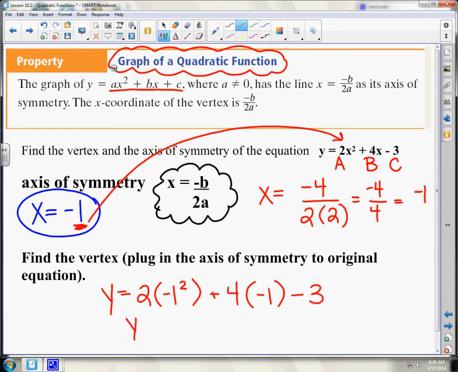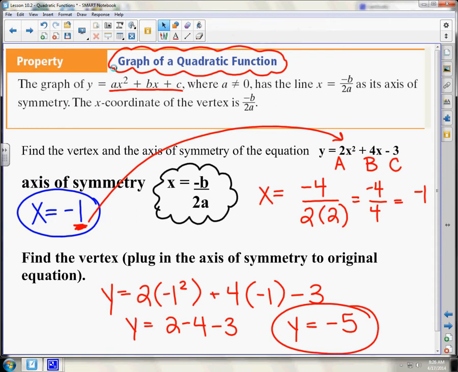So y equals negative 1 squared is 1 times 2 is 2 minus 4 minus 3. So y equals 2 minus 4 is negative 2 minus 3 is negative 5. So y equals negative 5. So now I have my axis of symmetry, which is x equals negative 1, and I know my vertex then would be negative 1 comma negative 5. That is the vertex.